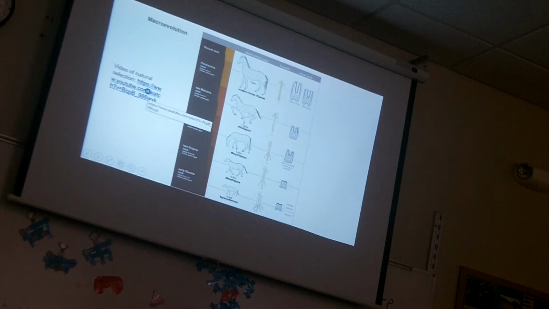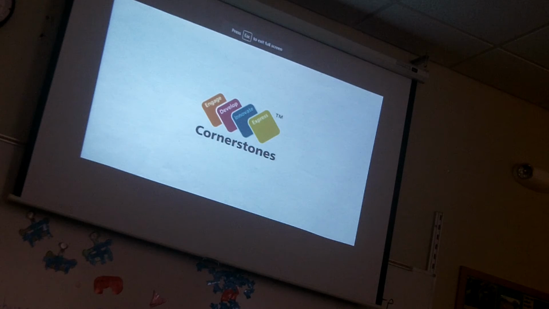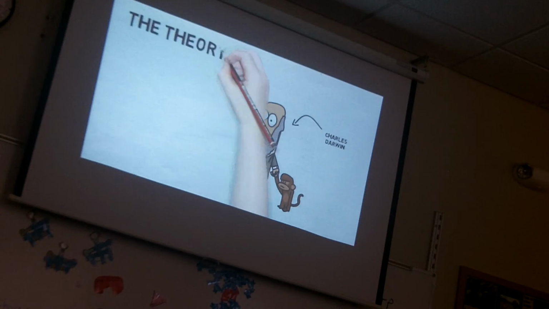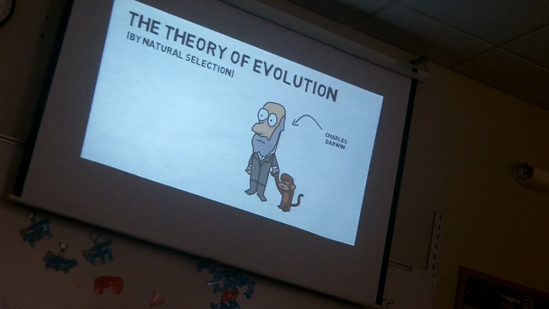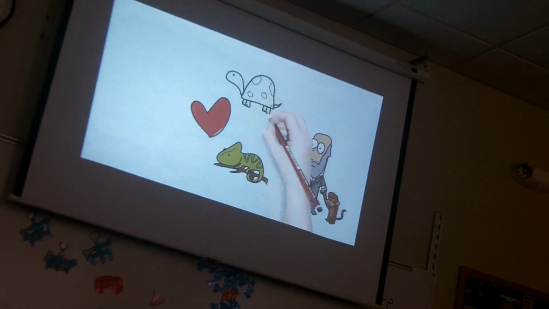Video footage of natural selection at work. Charles Darwin was a famous scientist in the 1800s. He was famous because he came up with an idea that changed the way we think about life on Earth forever. The theory of evolution. Darwin loved animals and studied them all of his life.